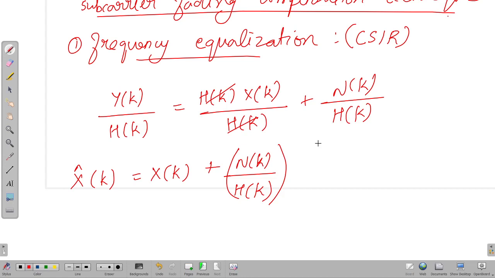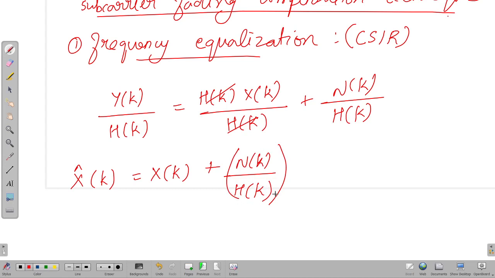The channel doesn't add power to the signal. When a signal is transmitted, the channel always tries to attenuate the signal. So this h of k will normally be a small value. Not very small, but there is a certain range of values which the channel coefficient can take. It all depends on how the channel is going to be.